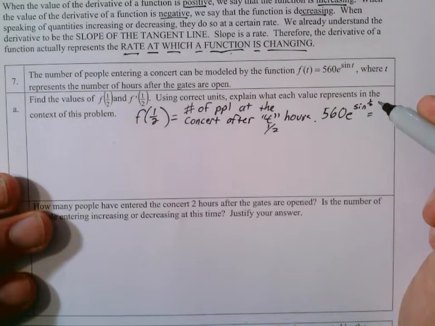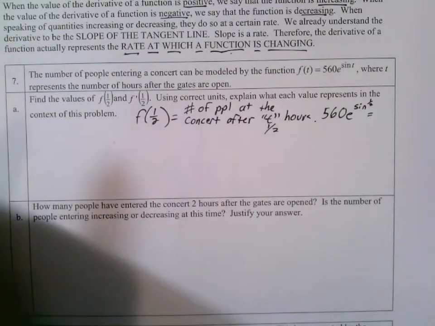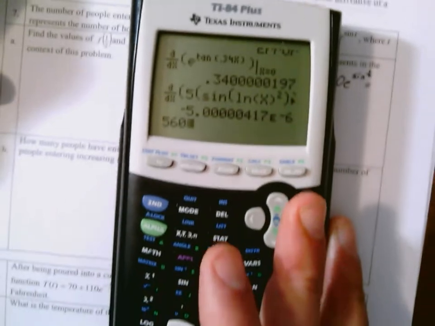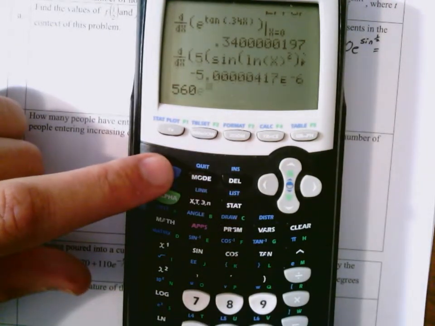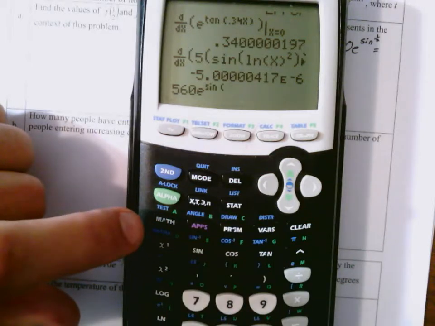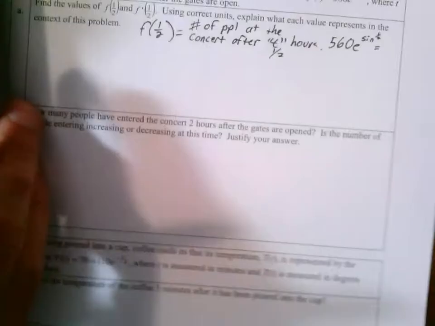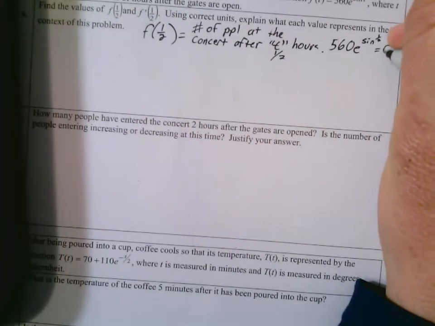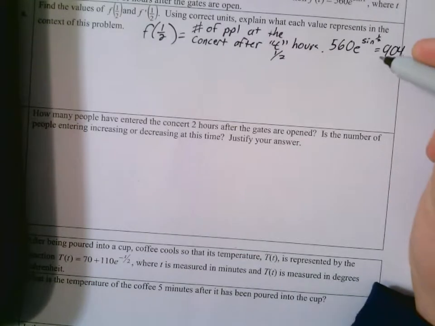Well, plug it in your calculator. 560 e to the sine 0.5. So this means 904. So after half an hour, there are 904 people at the concert.